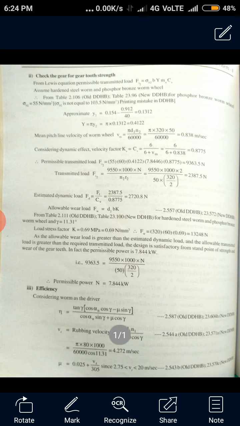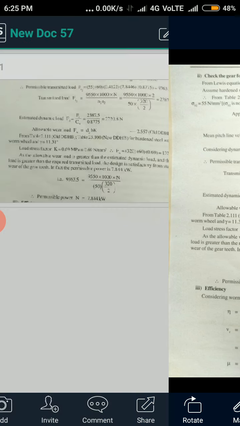But the friction coefficient mu should be calculated based on rubbing velocity, which is given by pi d1 n1 divided by 60,000 cos gamma. So you get 4.27 meter per second. For Vr less than 20 meter per second, you can use equation 23.570c, mu equal to 0.023 plus Vr divided by 305.